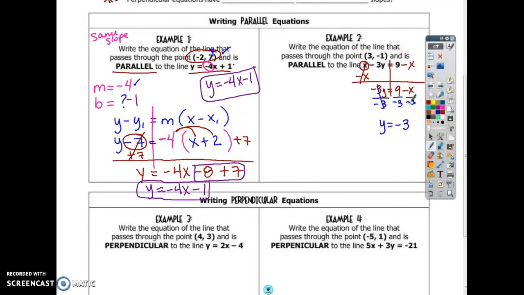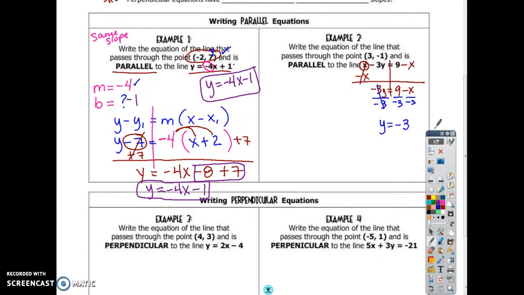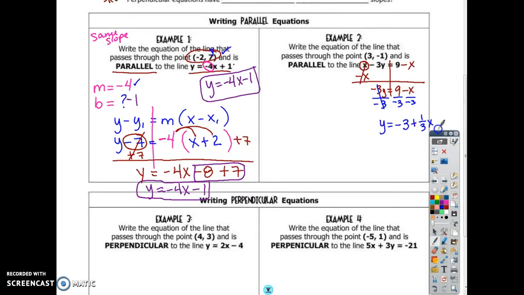No. Oh. -1 divided by -3. 1 over 3. It's a positive 1 over 3x. Okay? So if it wants it to be parallel, then what does the slope have to be?